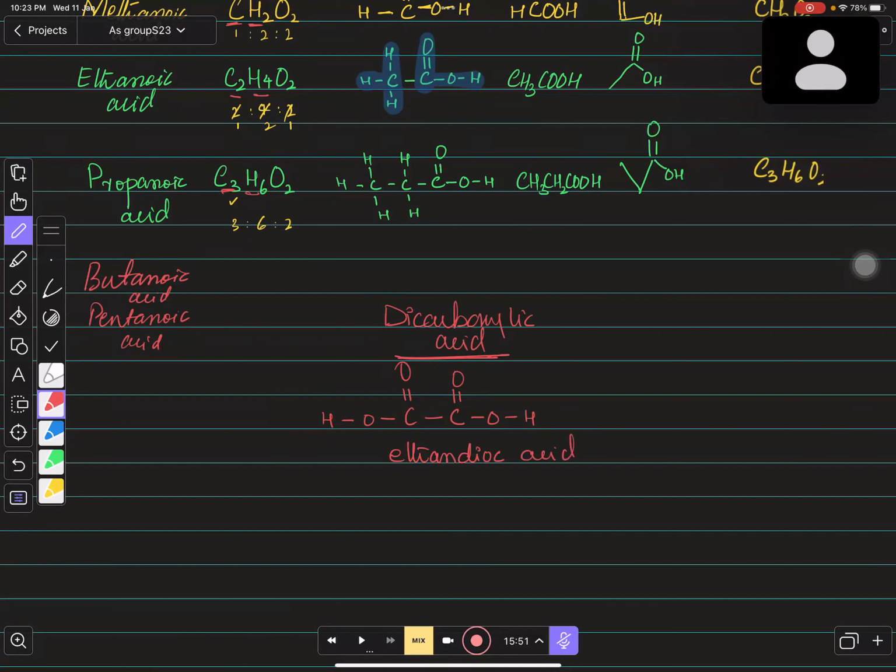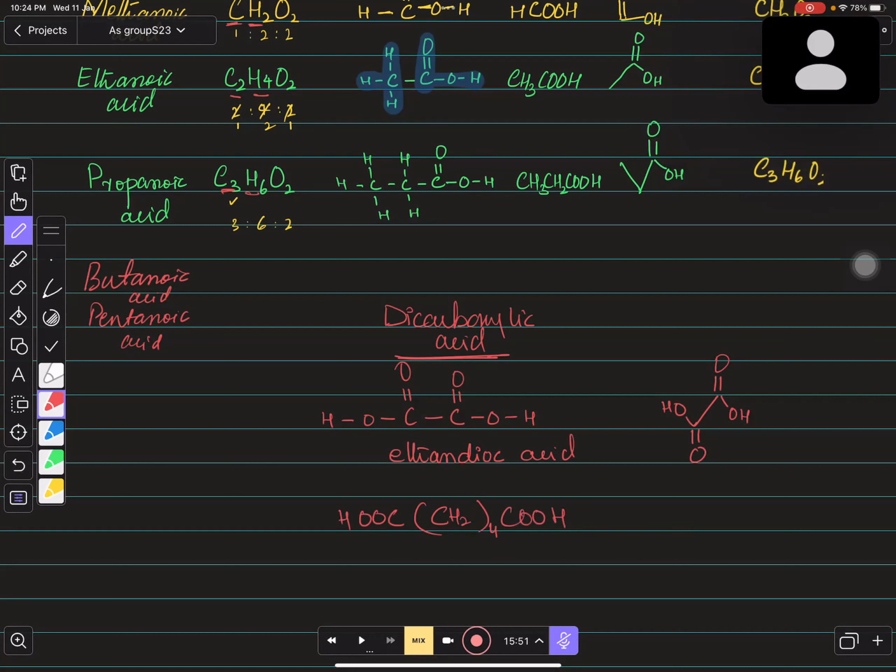And if you want to draw the skeletal formula of this, it could be like this. Right? So you can draw this in your notes as well. Sometimes you can even draw like this. Suppose we have 6 carbons, CH2 over here like this, and over here we have COOH, and over here we have COOH.